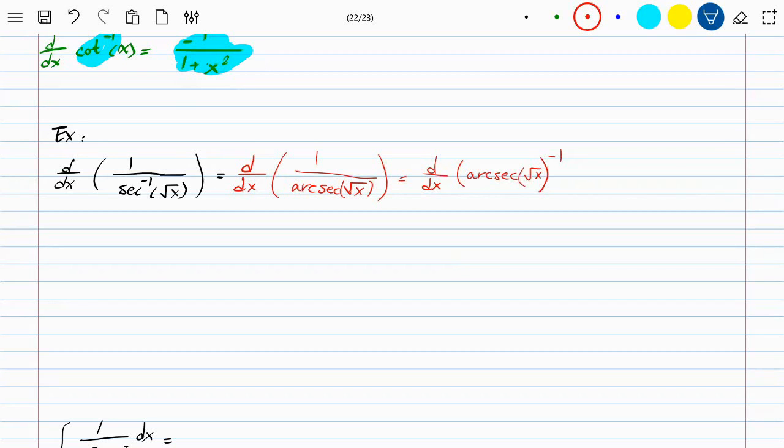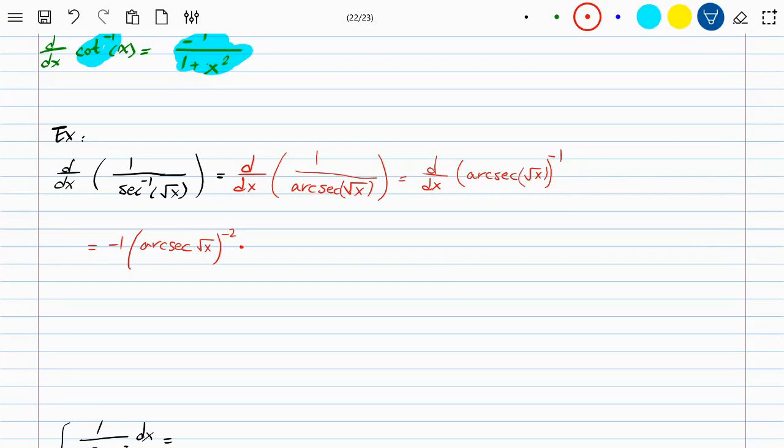Then take the derivative. What would be the derivative? The derivative would be drag down the exponent, subtract 1 from the exponent. That's applying the power rule. It would be negative 1 times arc secant of square root of x to the power negative 2.